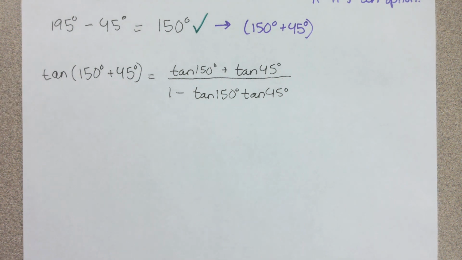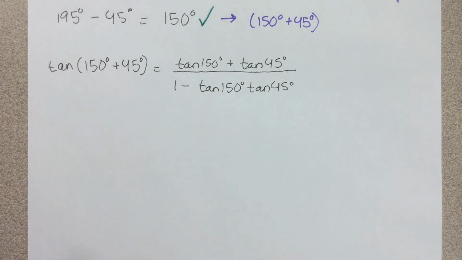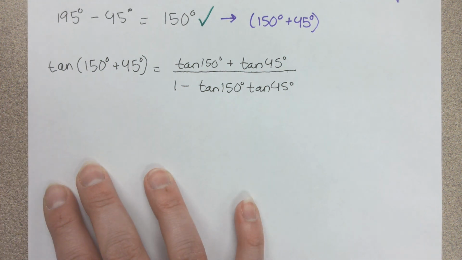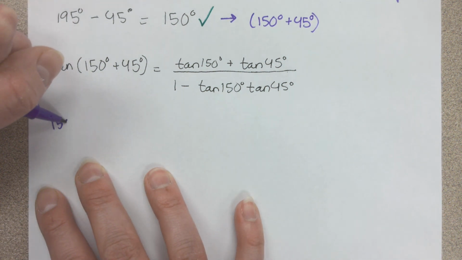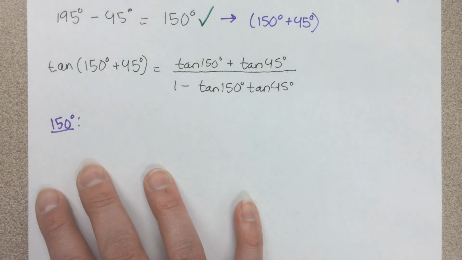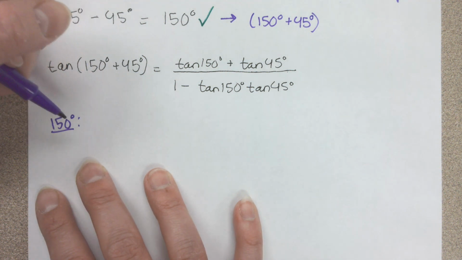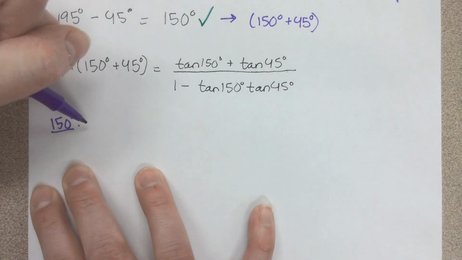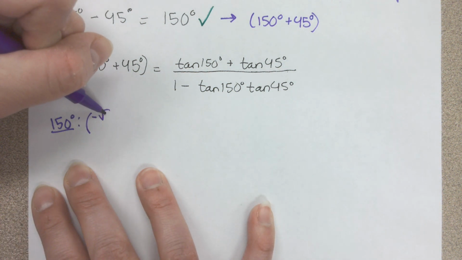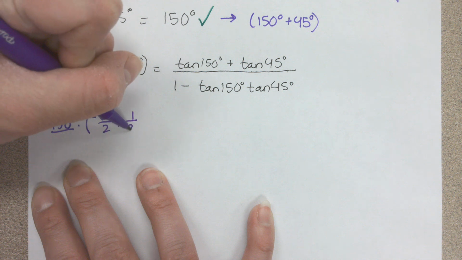And I forgot to do my side work, so let's do that real quick. At 150 degrees, the point is negative rad 3 over 2, 1/2.